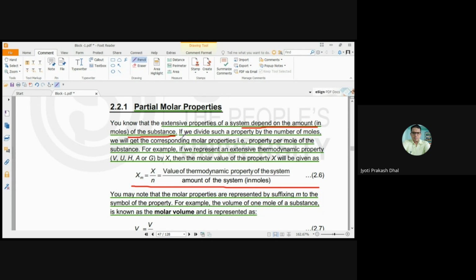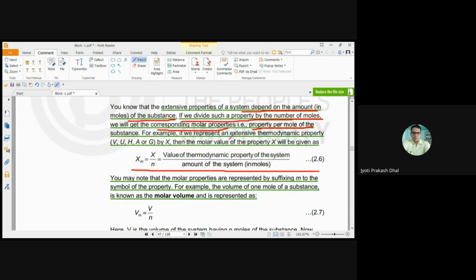Now, if we divide such a property by the number of moles, we will get the corresponding molar property, that is, property per mole of the substance. For example, the different extensive thermodynamic properties are internal energy U, enthalpy H, Gibbs energy G, and volume V. All these are extensive properties, because they depend upon the amount of the substance present in the system.